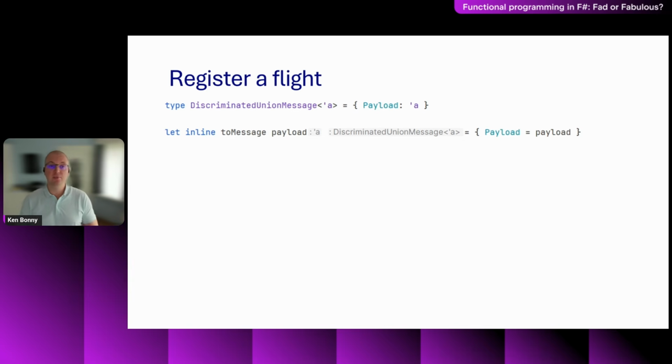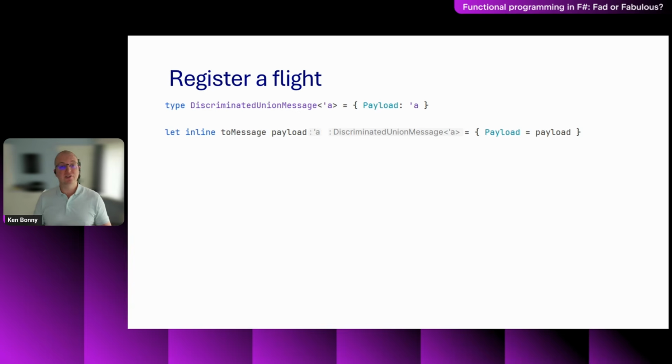How does this work? Well, at the top, you will see the envelope that I created. I called it a discriminated union message. I gave it a generic parameter, which starts with an apostrophe in F#, and I've assigned it to a property called payload.